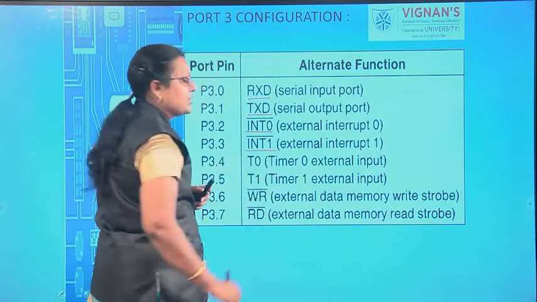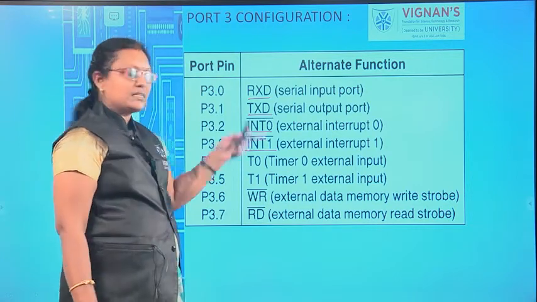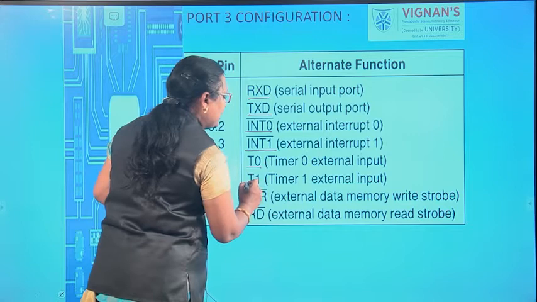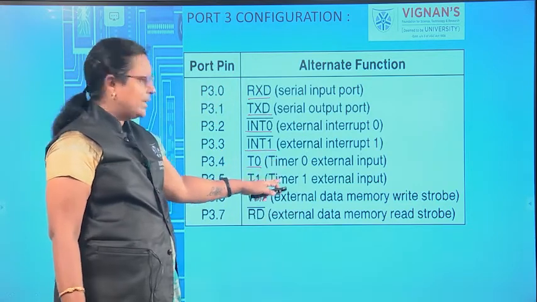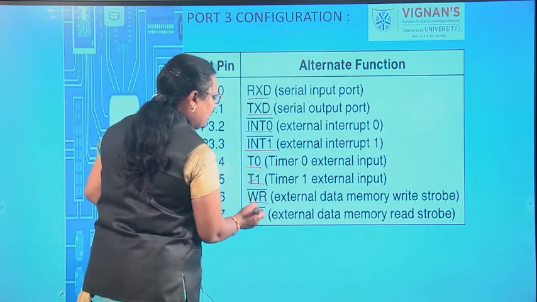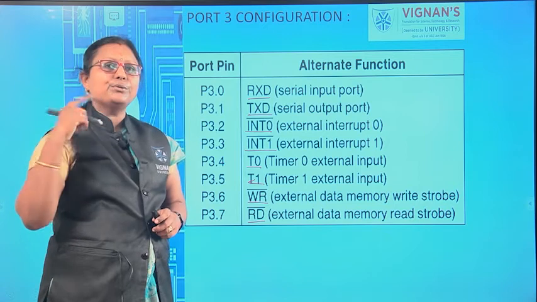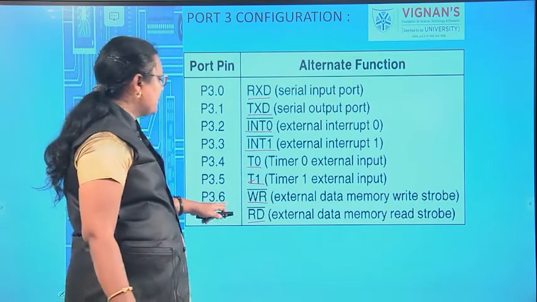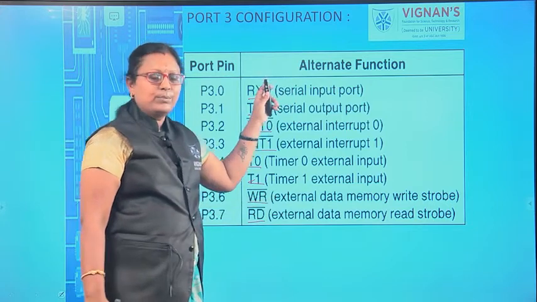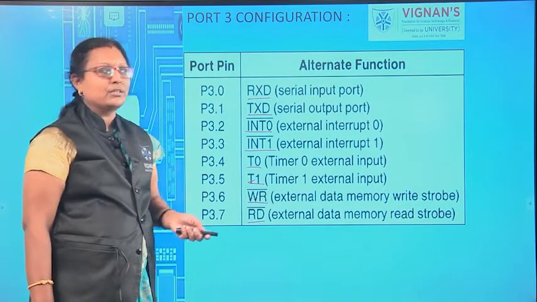These INT 0 and INT 1 are the interrupt pins coming from the external interrupts, and T0 and T1 are the timer signals coming from timer 0 and timer 1. The WR and RD are the write and read pins if you want to write or read anything externally. So, all these signals are used in the port 3 configuration, okay.